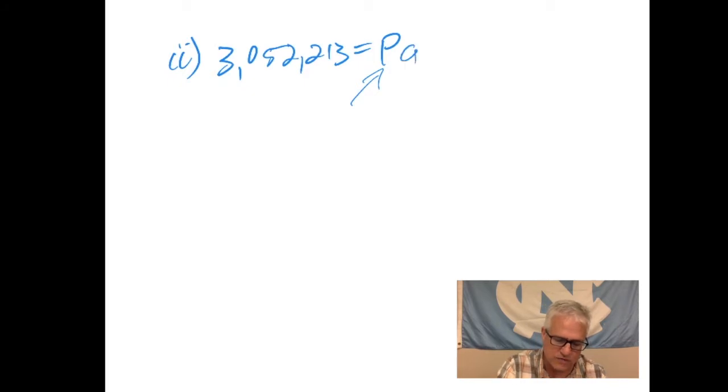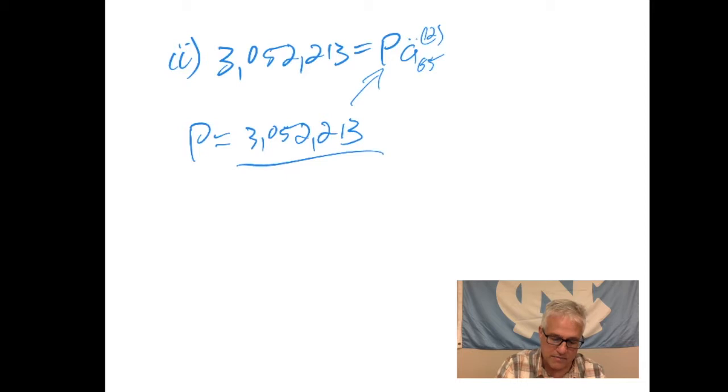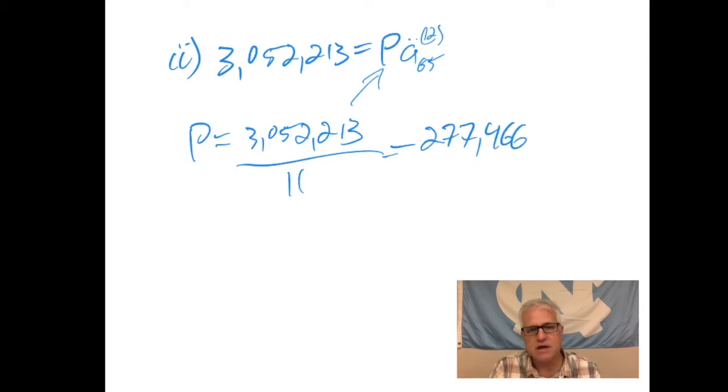So we would divide by 12 to get the monthly annuity, times an annuity due monthly for a 65-year-old. Okay, solve this for P. P is 3,052,213 divided by that annuity amount, which we're told is 11. And we get $277,466 per year. Okay, and 1/12 of that amount per month.